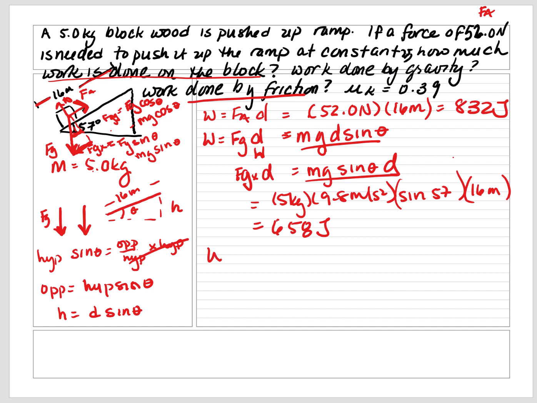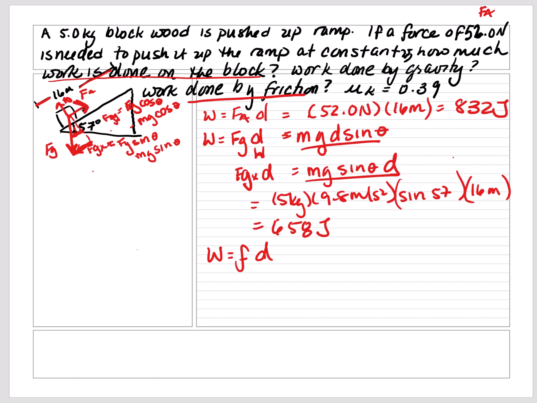Next one, I am going to do the work done by friction. The work done by friction has to be the frictional force times the displacement. So if I draw my frictional force in the diagram, it's going to go down the ramp, opposing the motion. And we know friction is equal to mu N. And we know we need to solve for N. To do that, I need to write a sum of Fy.